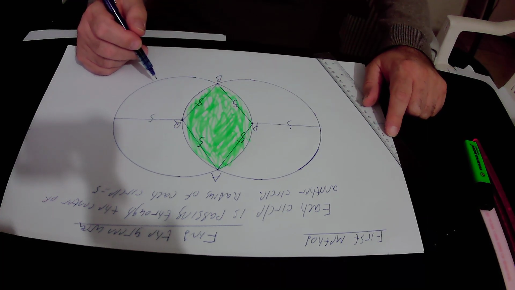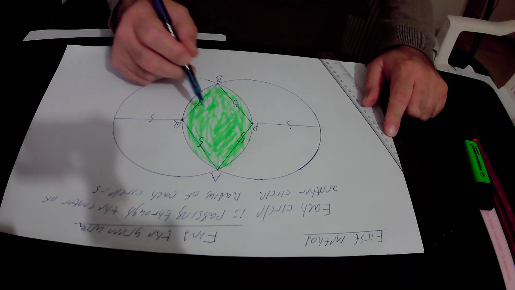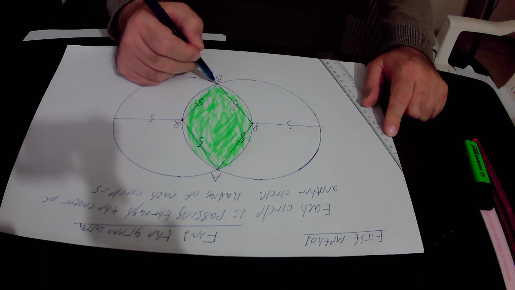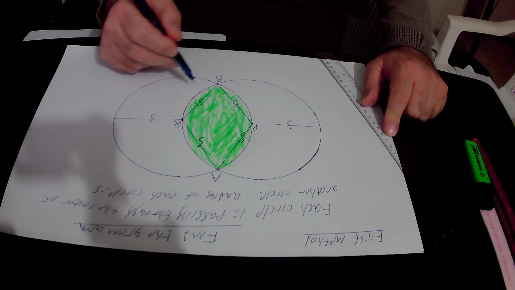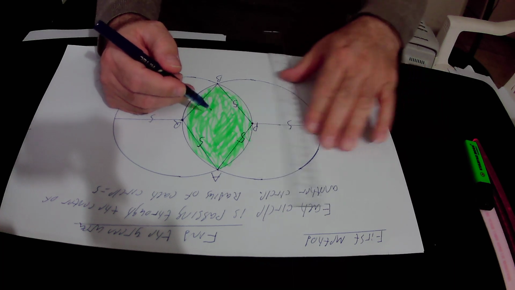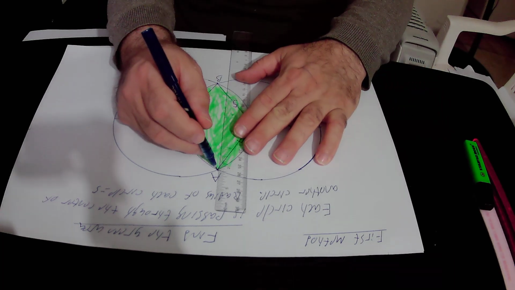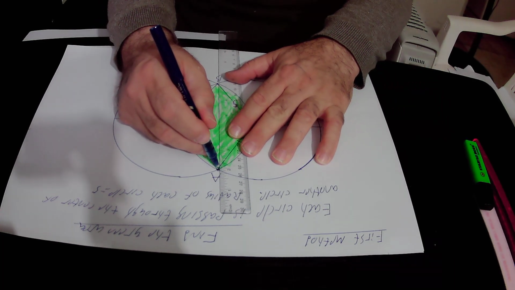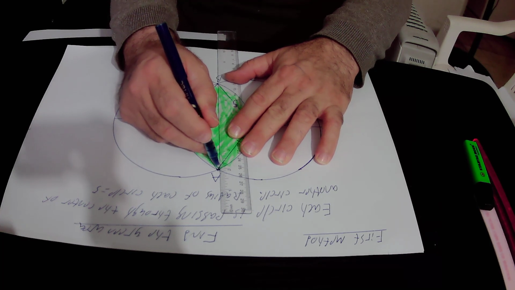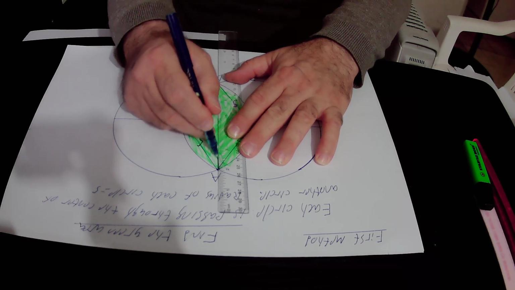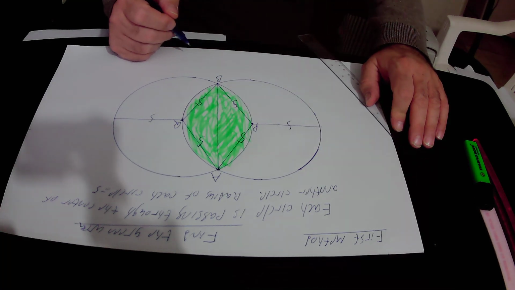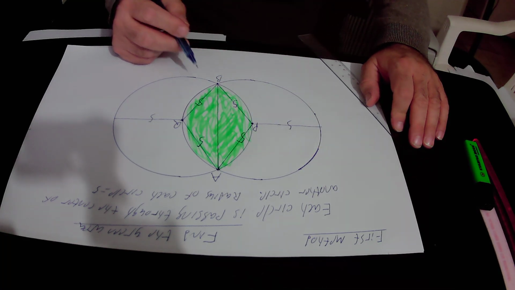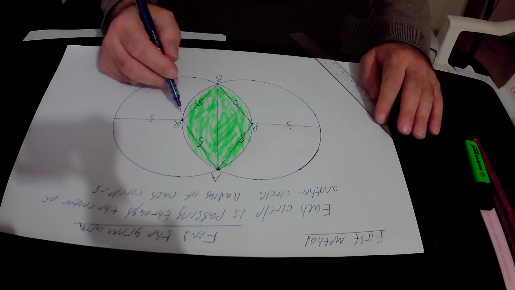and we will join points A and B together by a straight line. That will be the first diagonal of rhombus APBQ. And we will join together points P and Q by a straight line.